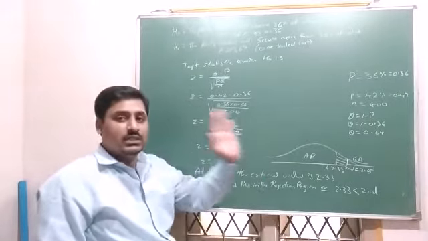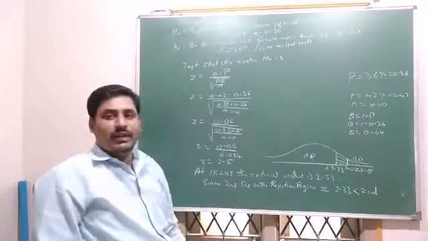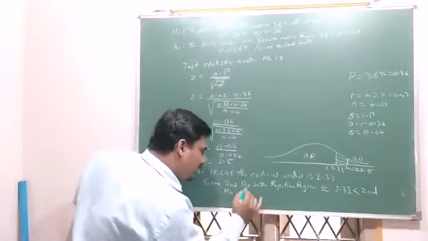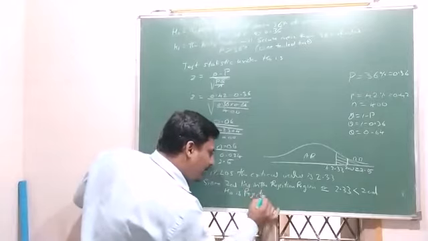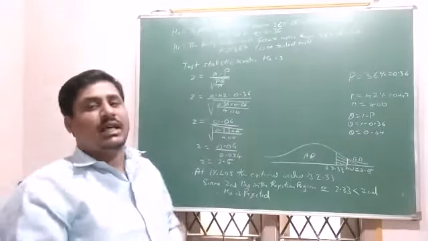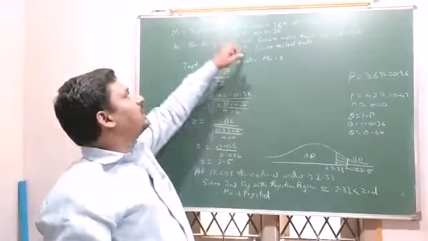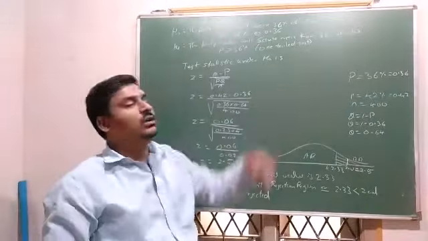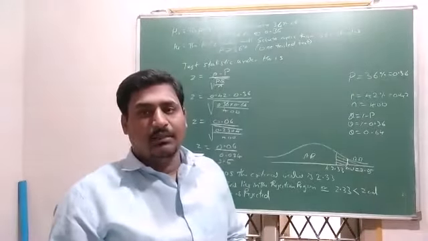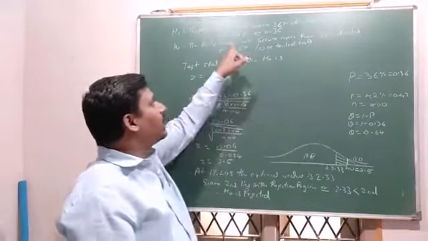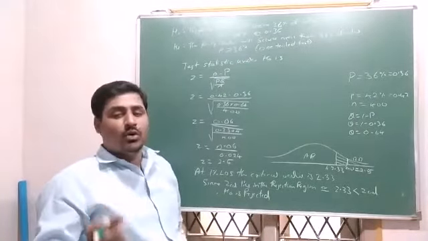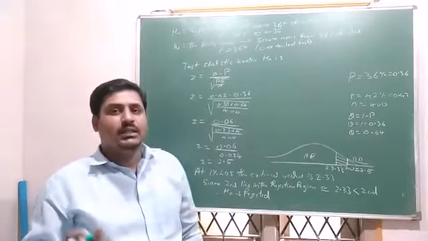That means Z calculation is greater than the critical value. Therefore, H naught is rejected. H naught is rejected means H1 is accepted here. H naught said the party leaders will secure 36% of the votes, so that is not accepted. H1 is accepted, that is, the party leader will secure more than 36% of the votes. So what they have assumed is right.